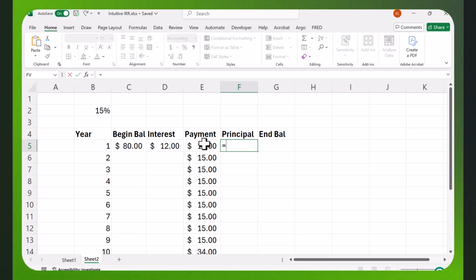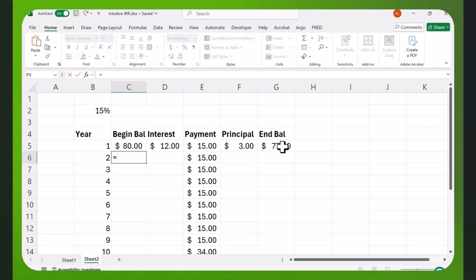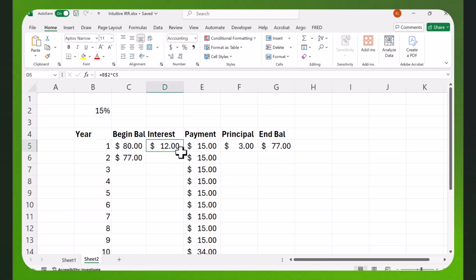So I'm going to say equals the payment minus the interest. And then the ending balance is going to equal the beginning balance minus the amount of principal that's paid off. And then our new beginning balance is going to be our old ending balance, our ending balance in the previous period. So I'm going to highlight that, and I can hopefully copy down some of these cells here.